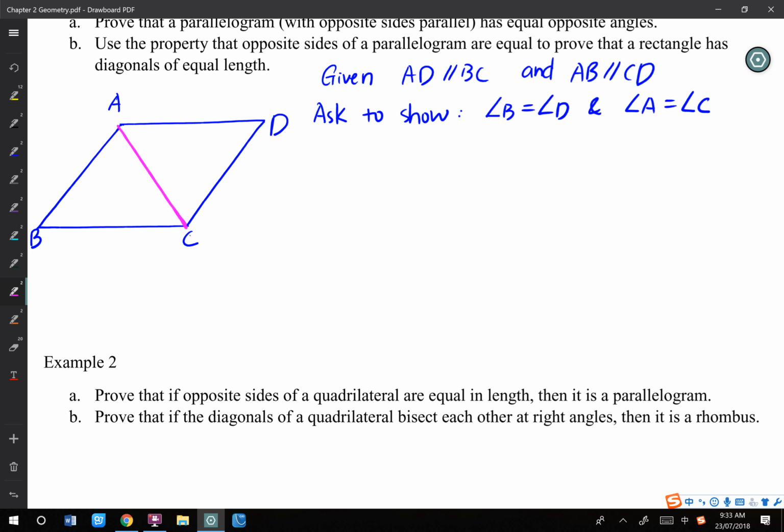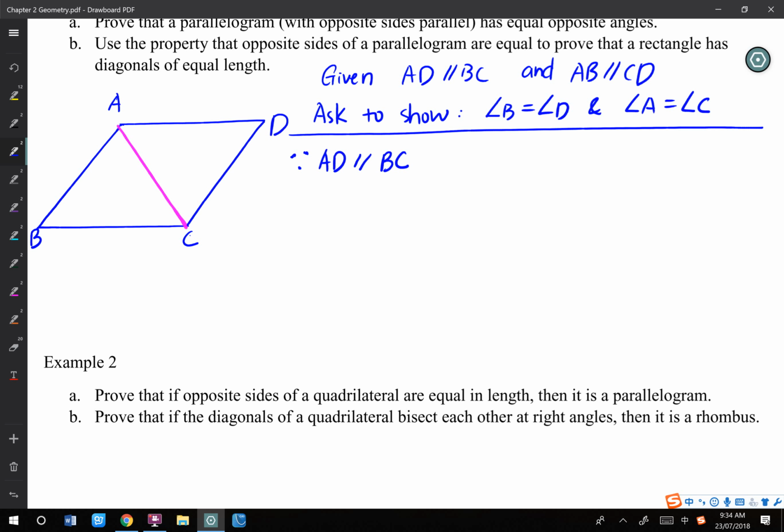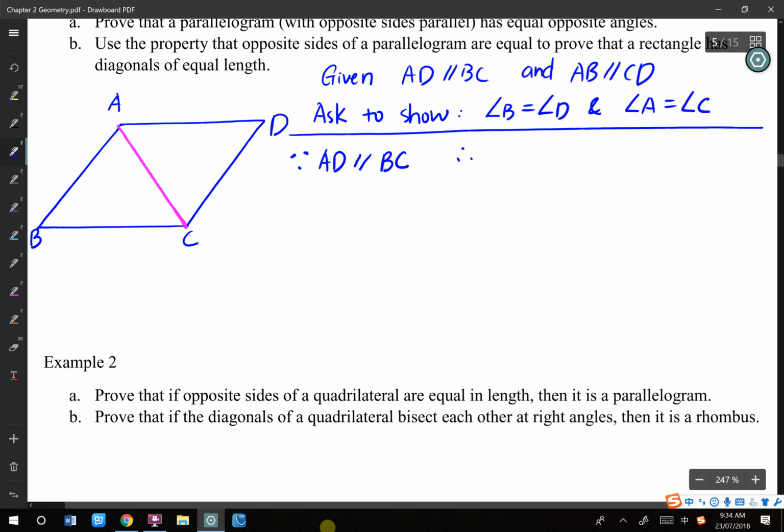Okay, so what can I see from this? I can see alternate angles, because from parallel lines you can get angles that are the same. So the first thing you should say, okay, this is not really our proof, I'll say because AD is parallel to BC, okay, because of that, I can get this angle equals to that angle.